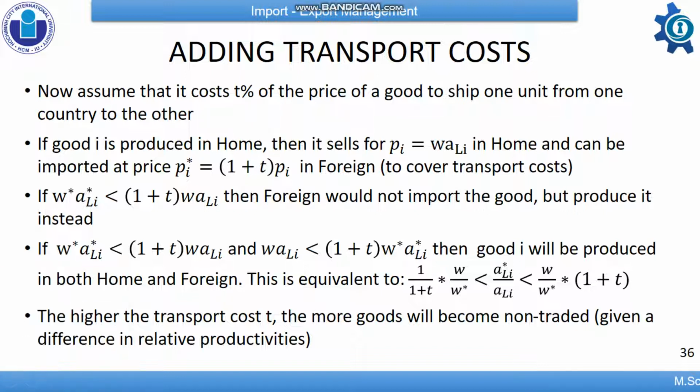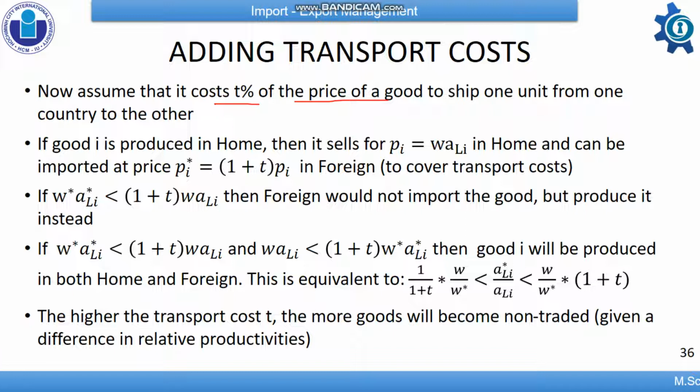And you know that in reality, transportation cost always exists, right? So to come closer to reality, we should add the transportation cost into our model. So we assume that it costs T% of the price of a good to ship one unit from one country to the other country.